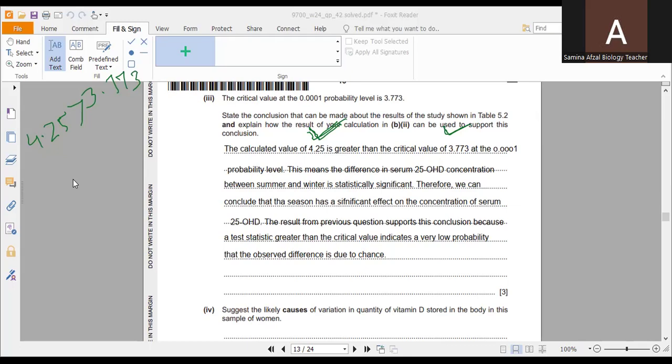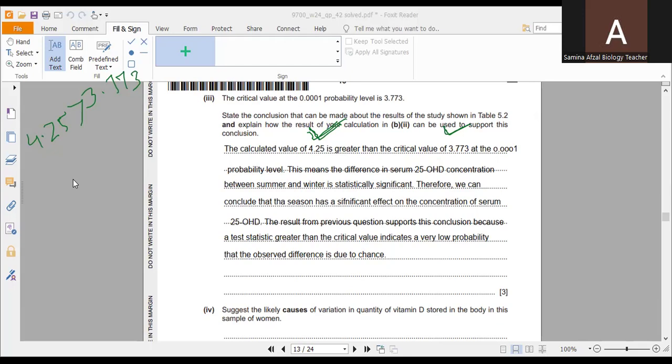So here I would like to say that 4.25 is greater than the critical value. It shows that the serum 25-OHD concentration shows significance. There will be a big difference between the statistical values, that is between summer and winter. So we can conclude that these variations help us to conclude that the season has a significant effect on the concentration of serum 25-OHD.